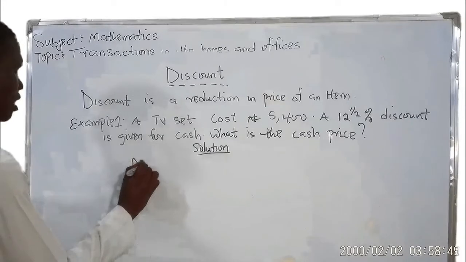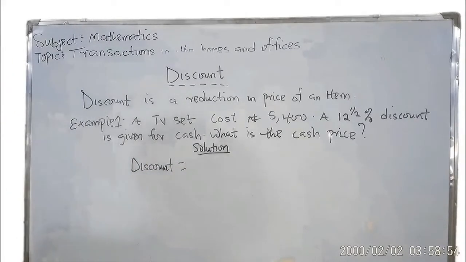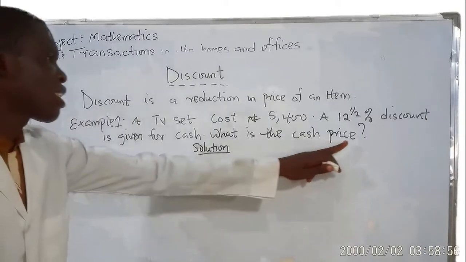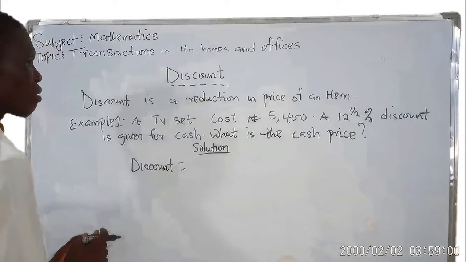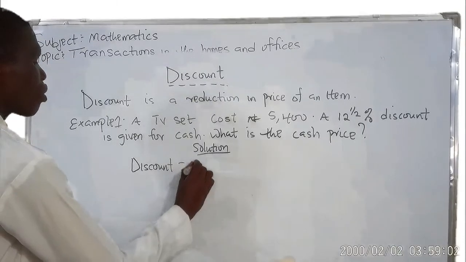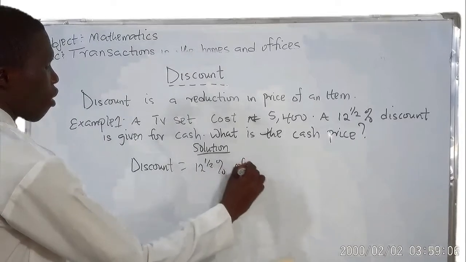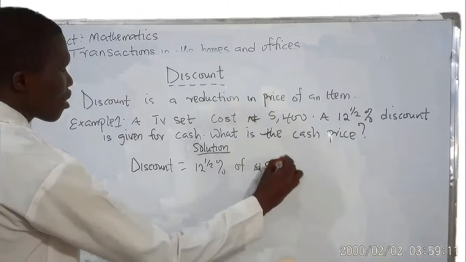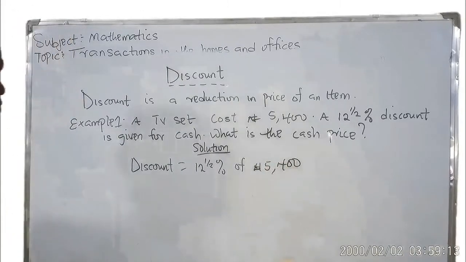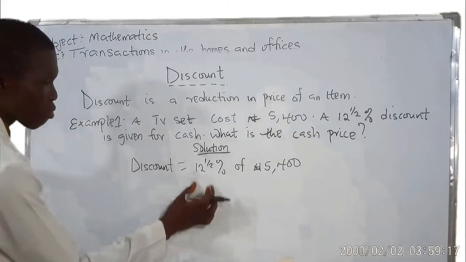You need to know that discount is the first thing you need to find before you can find the cash price. The discount will give us 12 1/2% of the cost price, which is 5,400 naira.